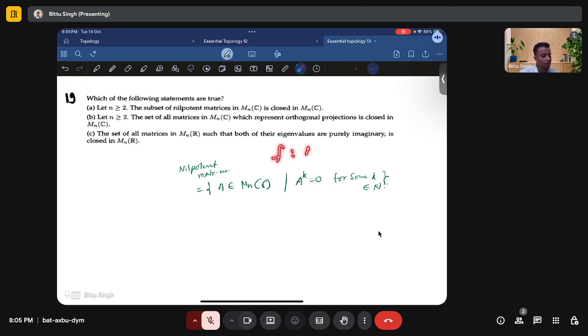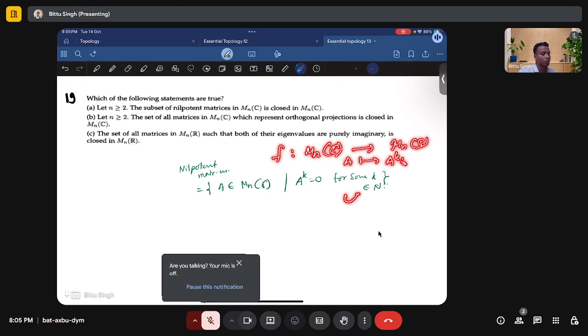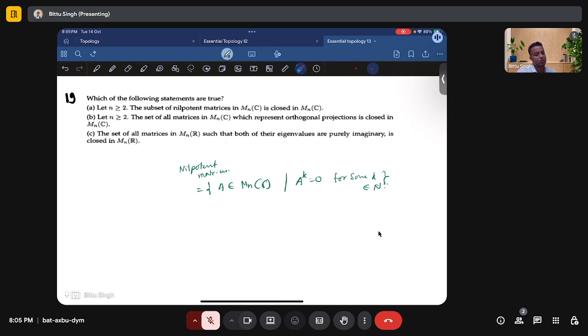For example, f from M n C to M n C given by A goes to A to the power k. This kind of idea cannot be used because we need to take a union over all such k, and we don't know that because a union of closed sets may not be closed. So that idea cannot be used in this case. So this will be closed, but we need to prove this explicitly.